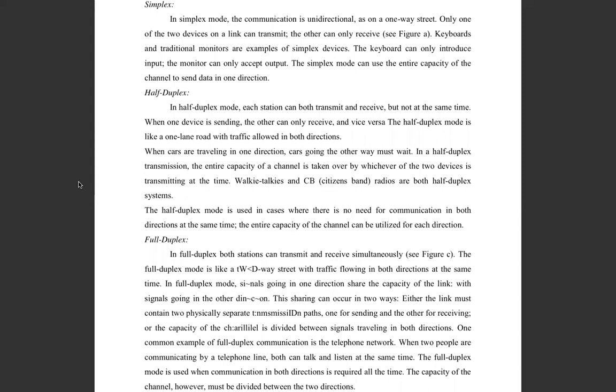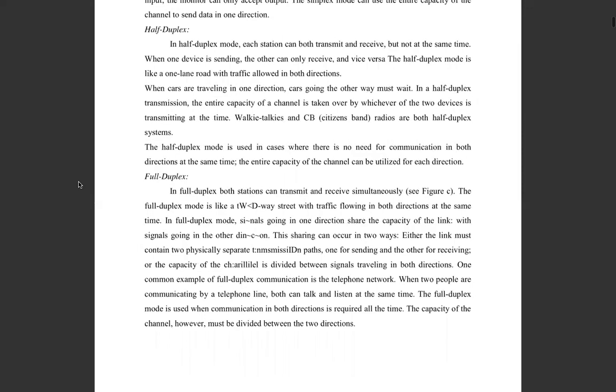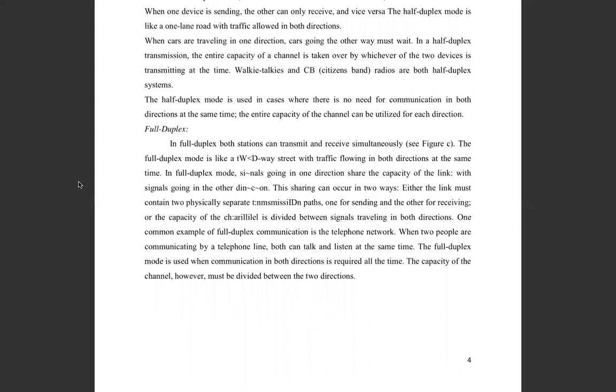Right. The next one is the full duplex mode. In full duplex mode, both ways can actually send and receive. For example, the daily phone calls we make are in full duplex mode. I can call someone, the person will be talking and I'll be talking.